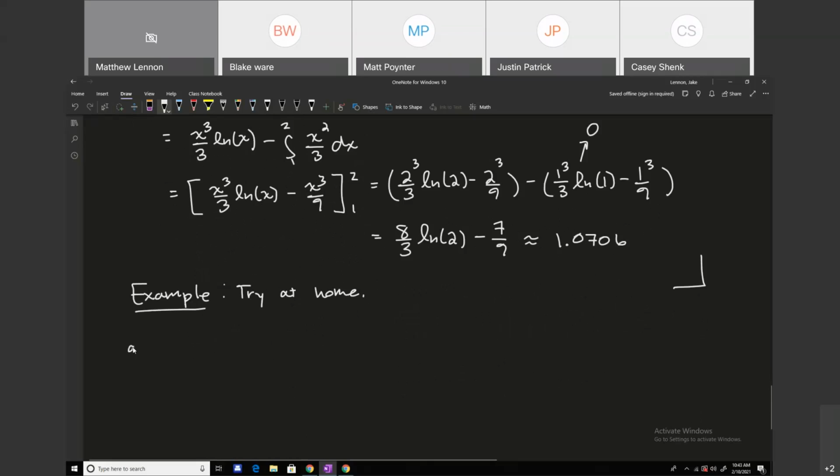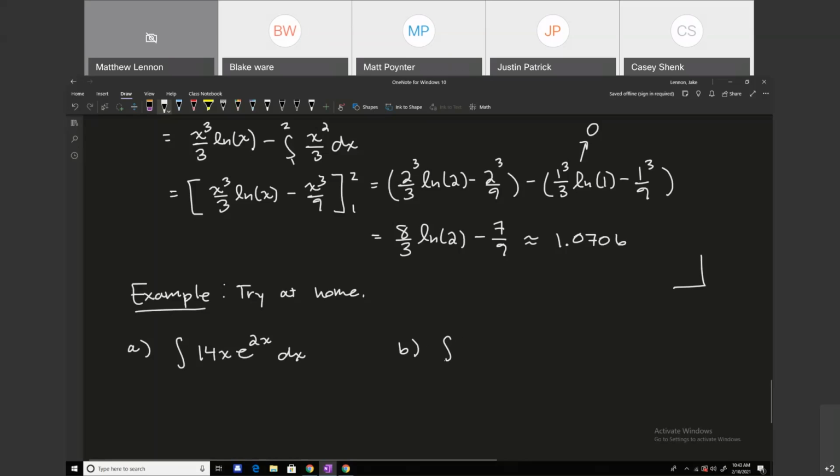So A, we have the integral of 14x e to the 2x dx, and B, the integral of, we already did that one. So I'll just make another one up.